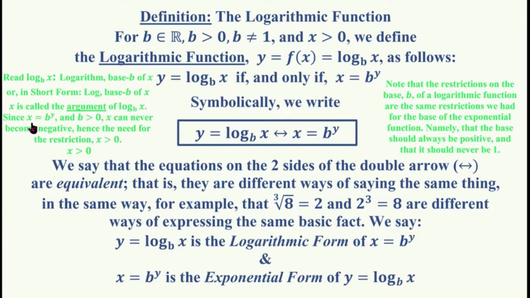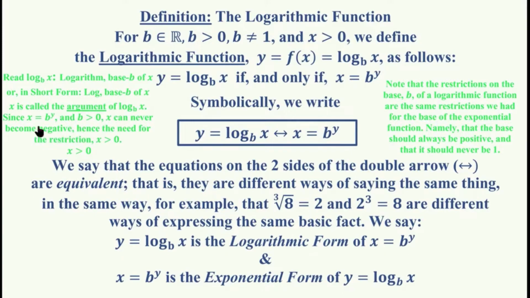And since x equals b to the y and b is greater than 0, notice we're taking a positive number and raising it to a power. x will never become negative. So that's the main reason why we have this restriction, x is greater than 0. We'll see that again, as I said, when we graph it, it'll make more sense.